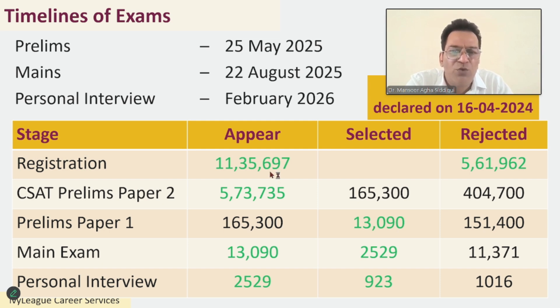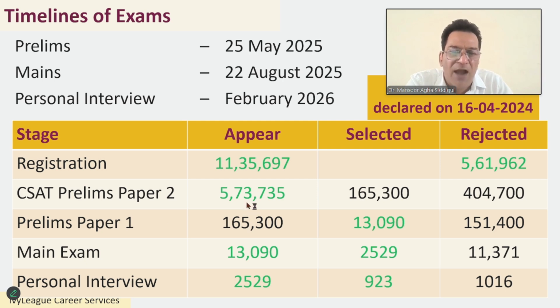Out of these students who went in for giving the examination, there were about 5.73 lakh. And out of 5.73 lakh students, the first thing which is tested in case of UPSC examination is your prelims paper 2. Students who clear this prelims paper 2, only they are permitted to move on to the next stage.